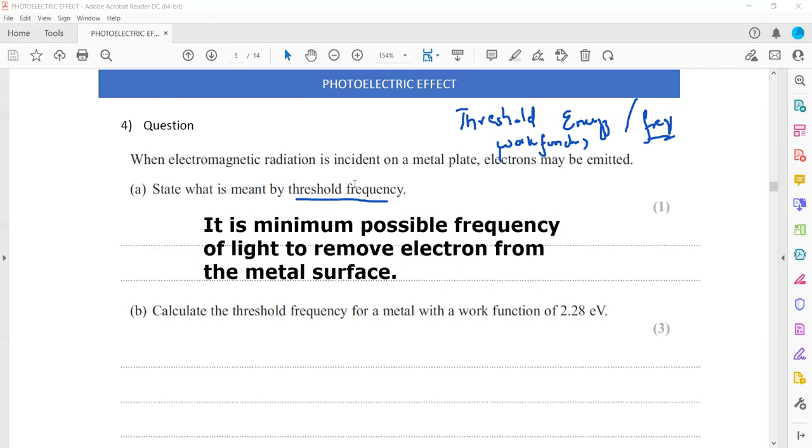Calculate the threshold frequency of a metal with a work function of 2.28 electron volt. So consider the energy; for example, this is a metal. The light in the form of photons falls on the metal.